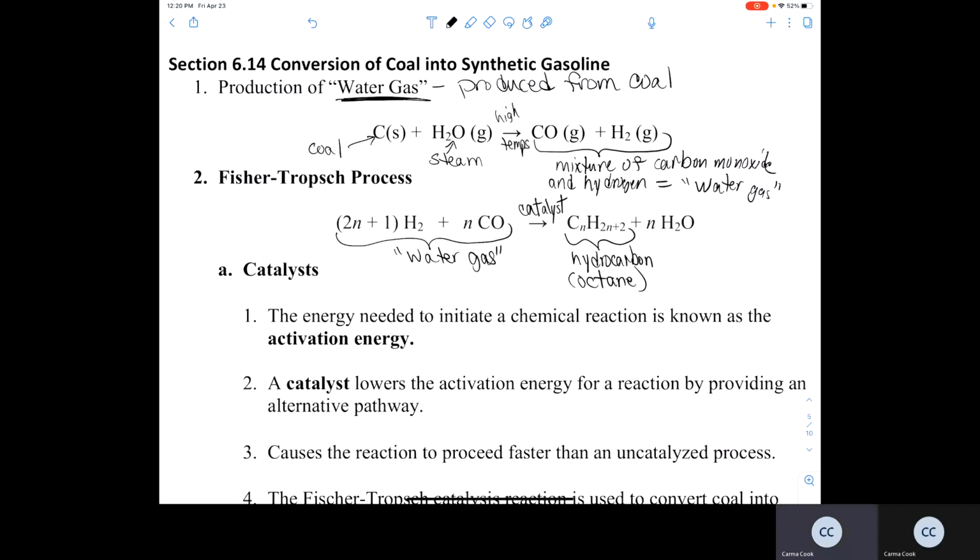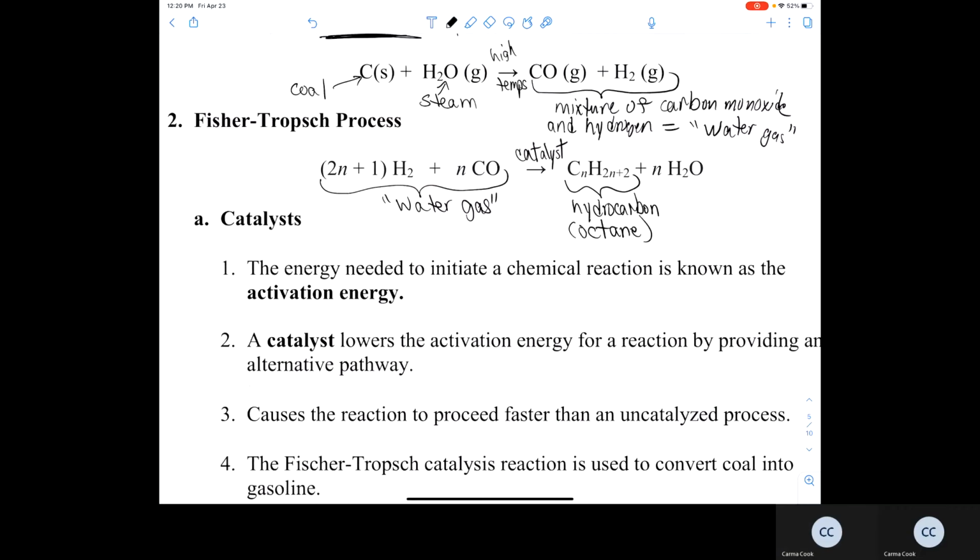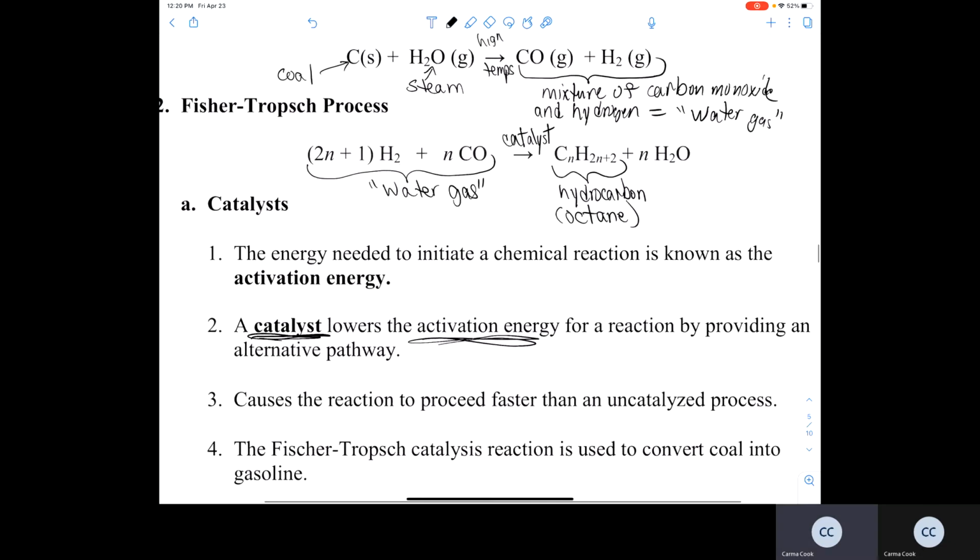The Fischer-Tropsch process depends on a catalyst, and the catalyst lowers what's called the activation energy for this reaction by providing an alternative pathway for it to occur.